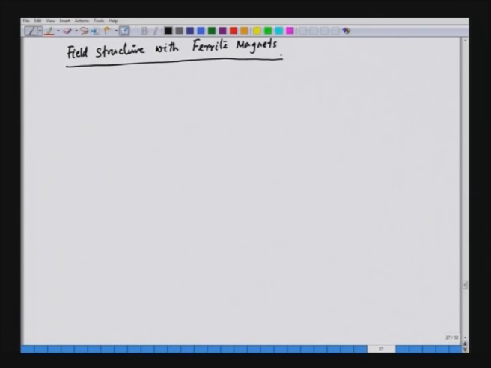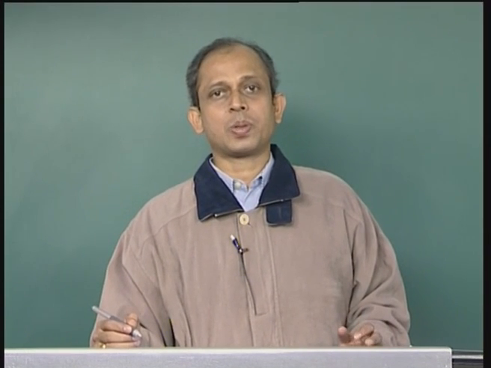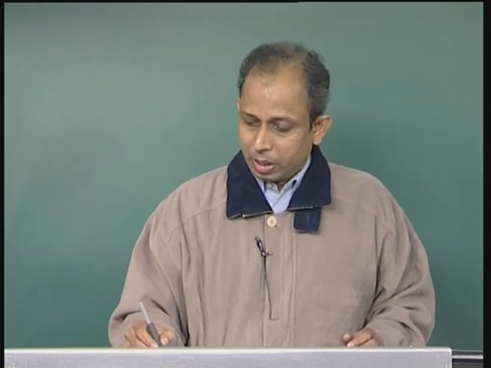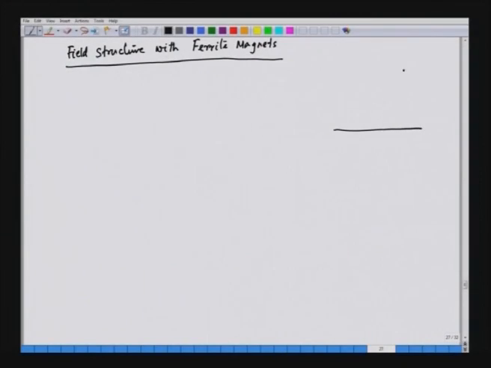In ferrite magnets, what we have is low BR and high HC. Now, if we have low BR and high HC, theta will be large. If we draw the BH characteristic of a ferrite magnet, we will see we have low BR and high HC, something like this.